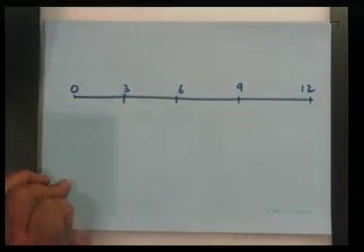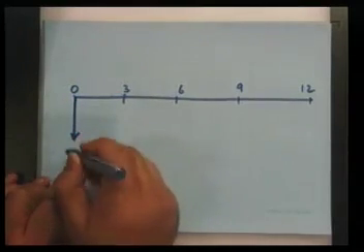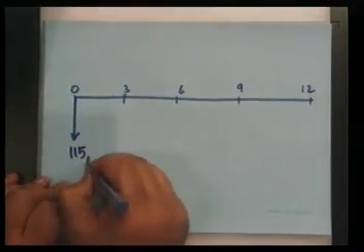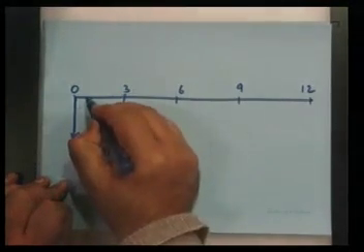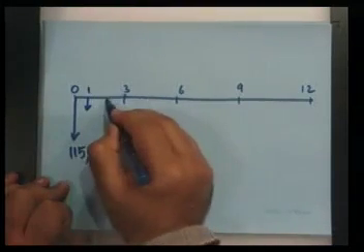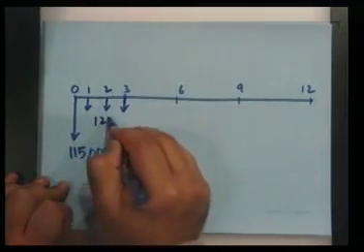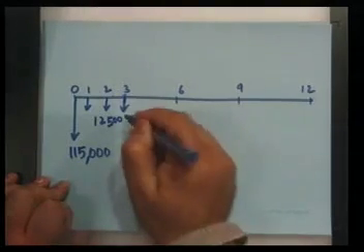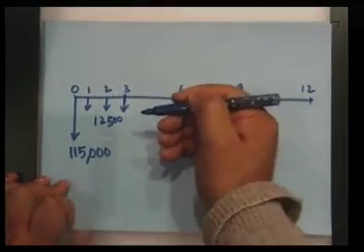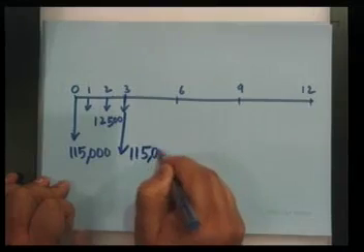So, what in fact we are doing is repeating this 4 times. At time t equal to 0, I am investing 115,000, and besides this, for year 1, year 2, year 3, all this is 12,500. At the end of year 3, I will again have an investment of 115,000.